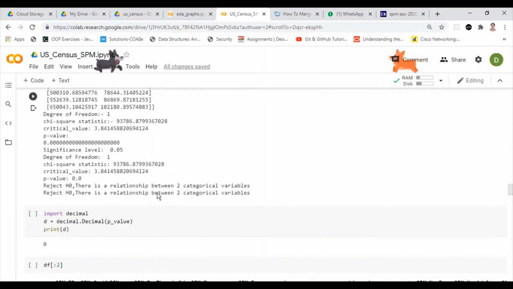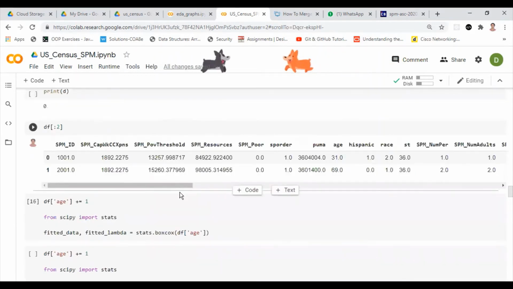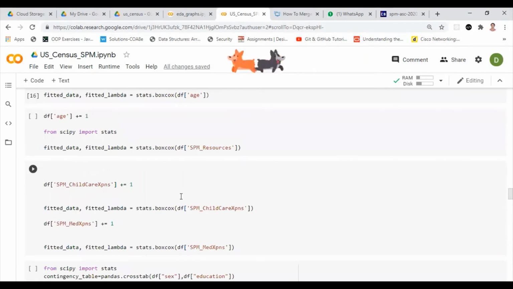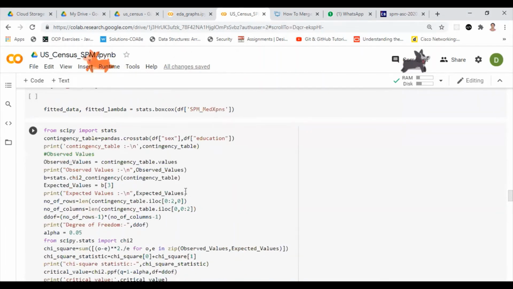Next, a Z-test was performed to determine the correlation between the discrete variables. Z-test was performed for hypothesis testing for the same.